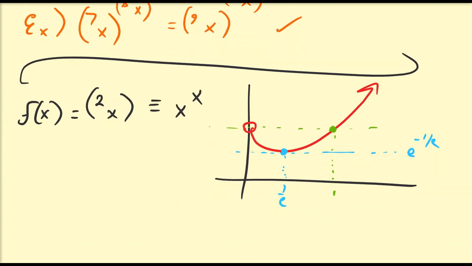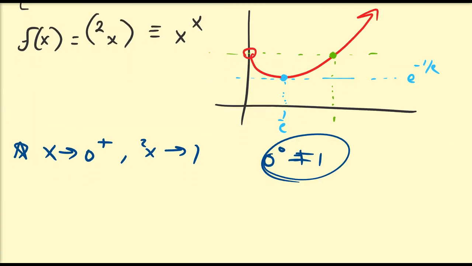Knowing this graph is probably a parent graph that you definitely should know. And one of the properties that you should know is that as x gets close to 0 from the right, the second tetration of x approaches 1. But it's not equal to 1, right? Because we cannot say that 0 to the power of 0 is equal to 1 in all cases. This is an indeterminate form.